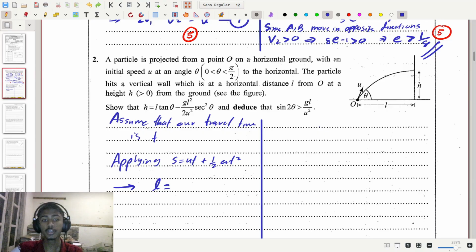Therefore substituting, we get u cosine theta times the time, which is just t since we defined it to be t. So we get L equals u cos theta times t.